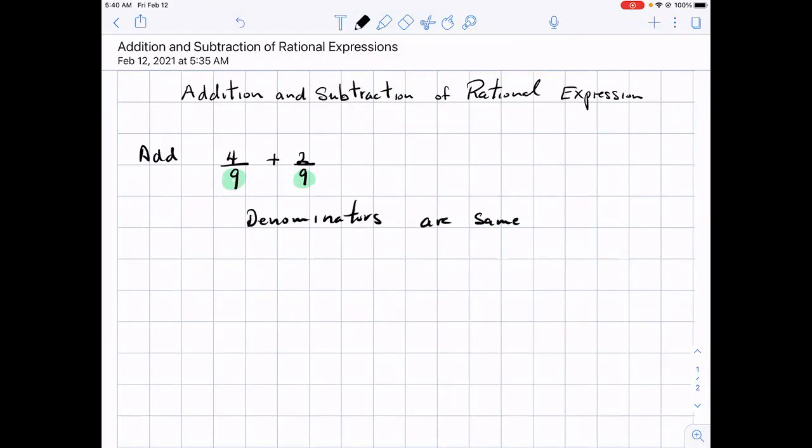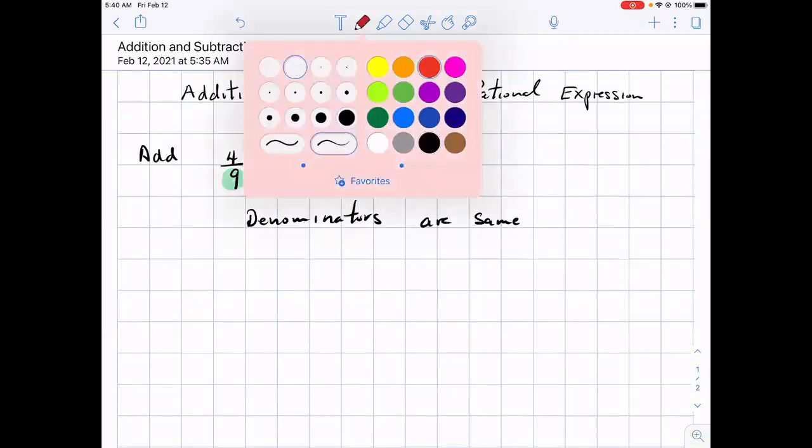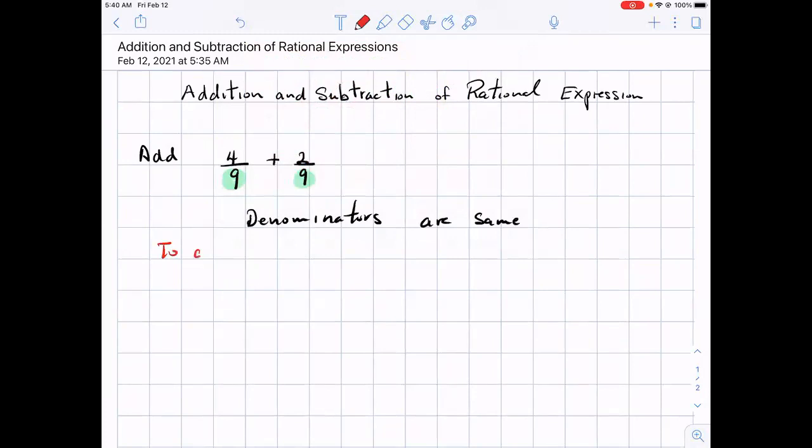Anytime you add or subtract rational expressions, the denominators must be the same. Okay, so it is very important that to add or subtract rational expressions, the denominators must be the same.